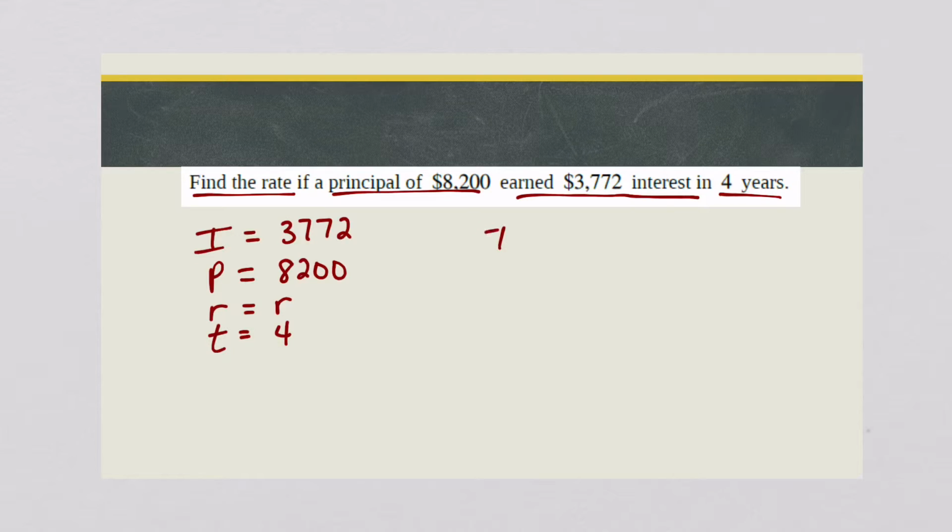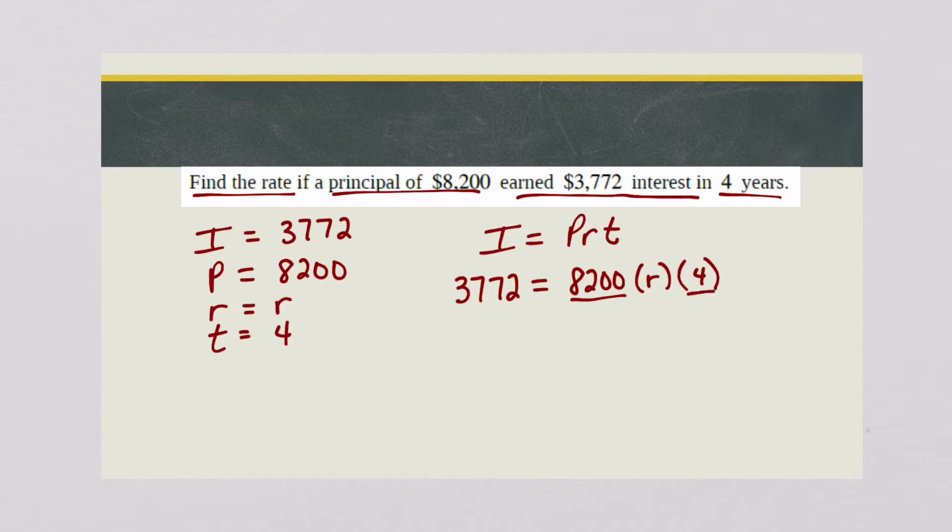So again, using the formula, I'm going to plug in all these numbers that I know. 3,772 is equal to 8,200 times my rate times my time. According to the commutative property, I am allowed to multiply in any order.